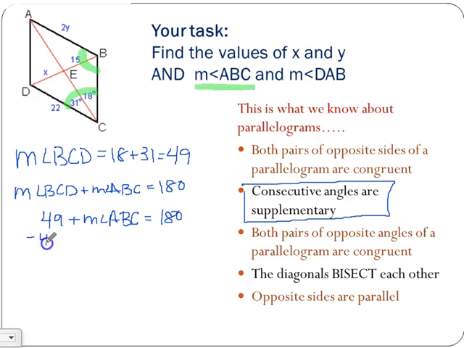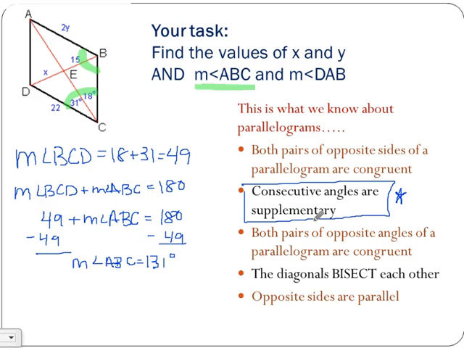So we're just going to subtract 49 from 180. And what do you get? 180 minus 49 is 131. So the measurement of angle ABC would be equal to 131 degrees. And we were able to do that by using that property where consecutive angles are supplementary and what we were given.